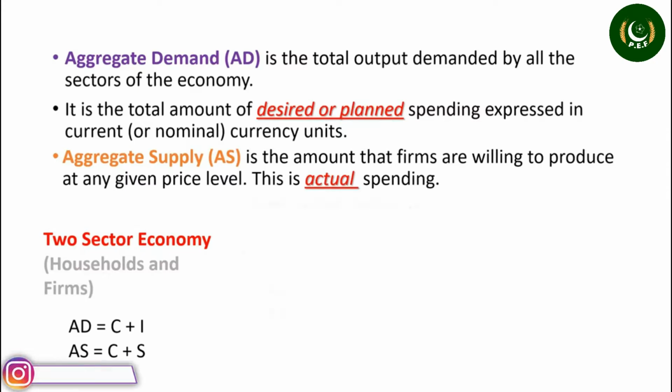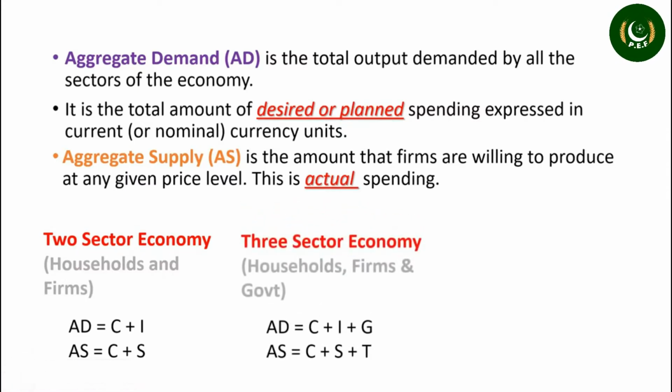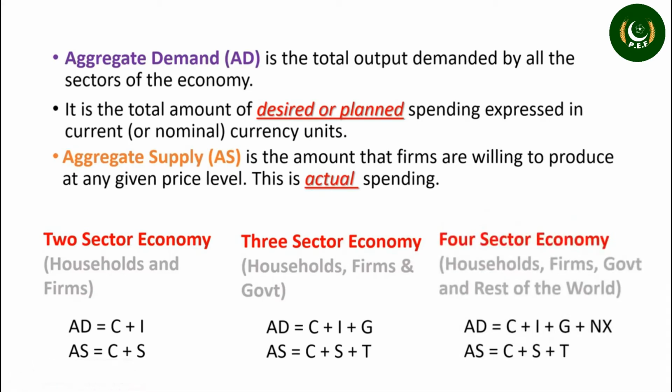In three-sector economy, aggregate demand is C plus I plus G and aggregate supply is C plus S plus T, where G and T are government expenditures and net taxes respectively. Whereas in four-sector economy, aggregate demand is equal to C plus I plus G plus NX. NX is net exports, which is export minus import.